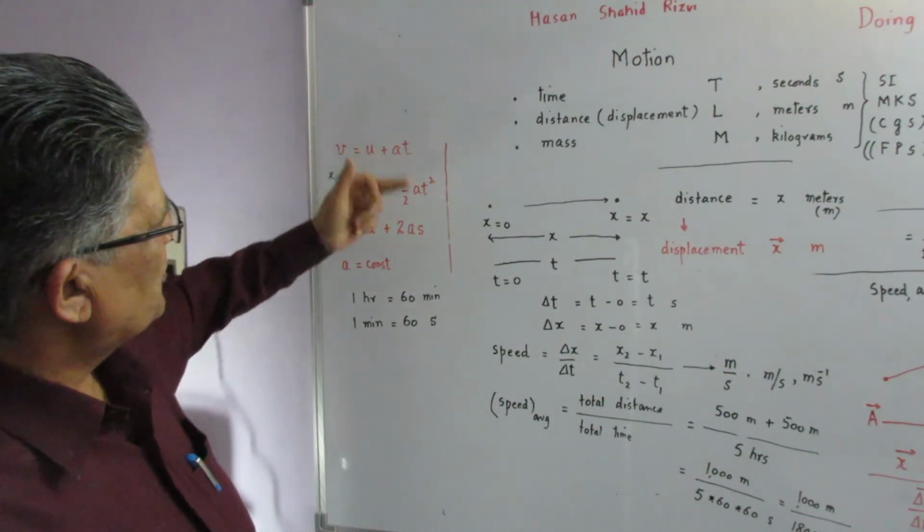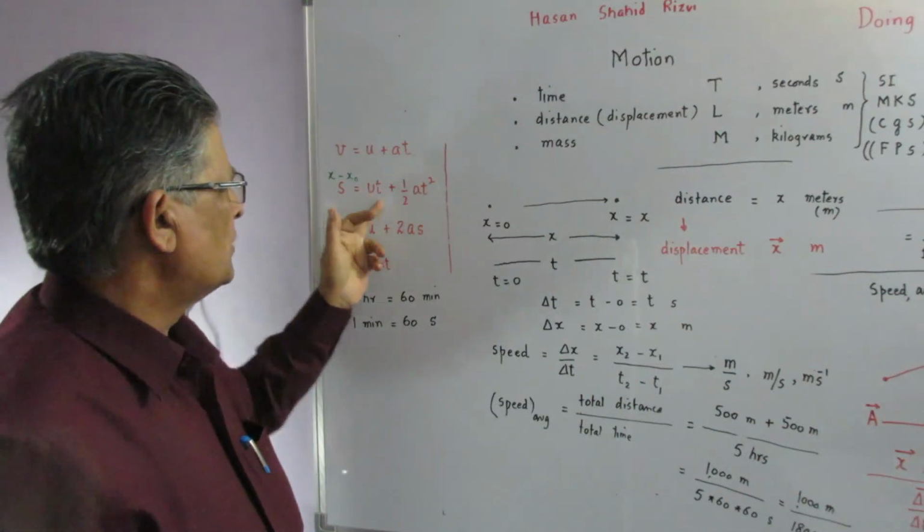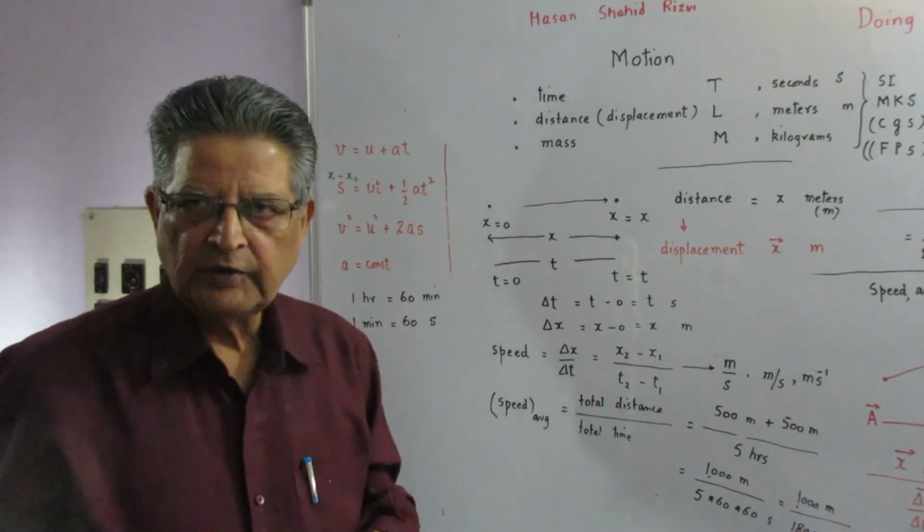So v is equal to u plus at, s is equal to x minus x naught equals ut plus half at square, v square is equal to u square plus 2as.